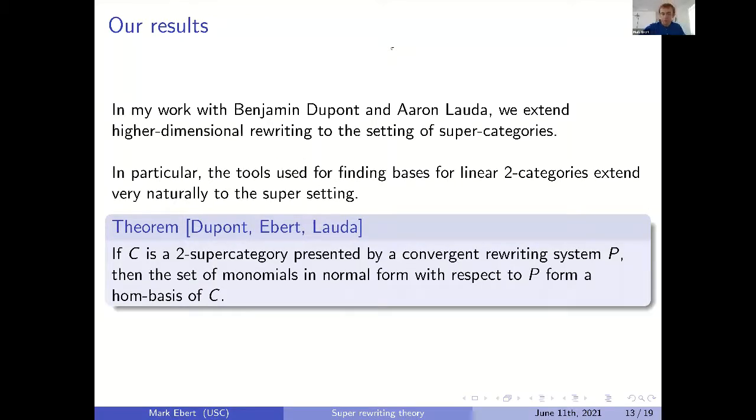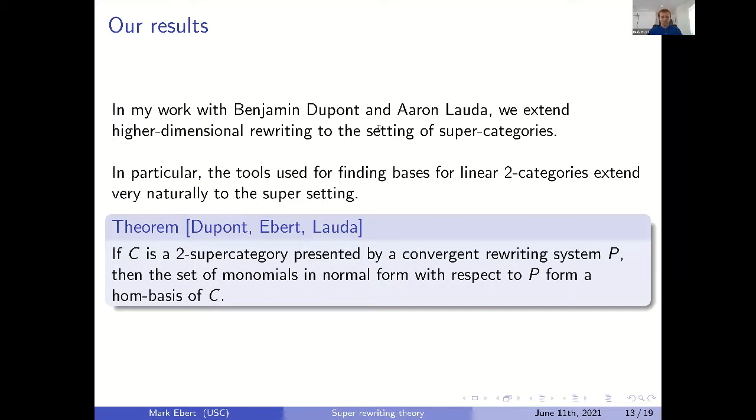That's good. So now I'm going to talk about the basics of our, so what is a rewriting system presenting a two supercategory? I kind of glossed over this with the linear two categories, but it's very similar. So I'll just talk about our super rewriting system.